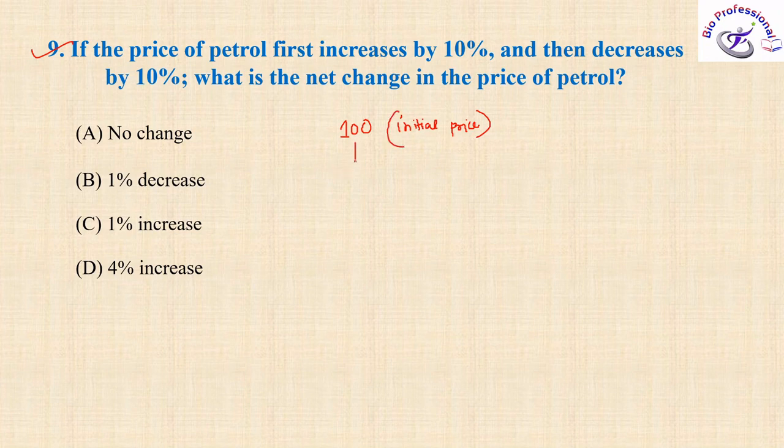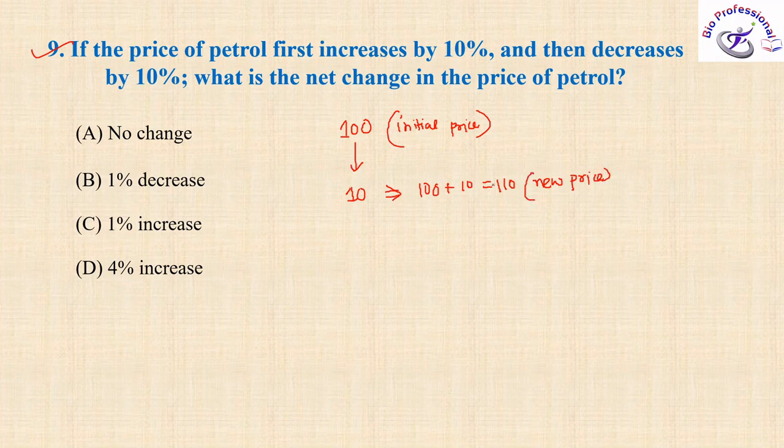If you increase 10%, 10% of 100 is 10. So the new price becomes 100 plus 10, which is 110.